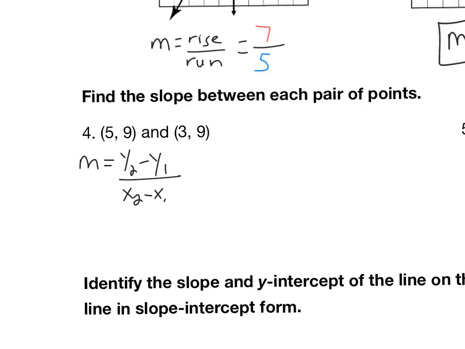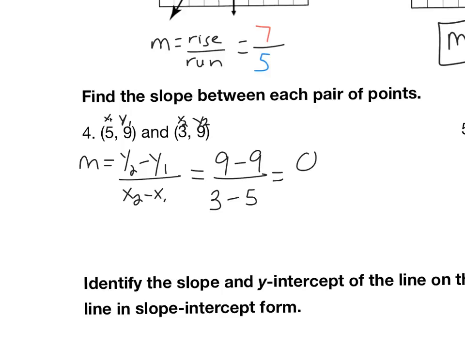It compares your change in the vertical with your change in the horizontal. So if we're finding the slope between these 2 points, you can just go ahead and label them if it makes it easier. That's your x1, that's your y1, that'd be your x2, that'd be your y2, and then just plug it in. So it'd be 9 minus 9 over 3 minus 5.